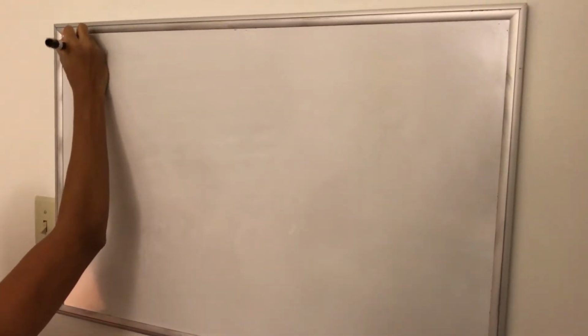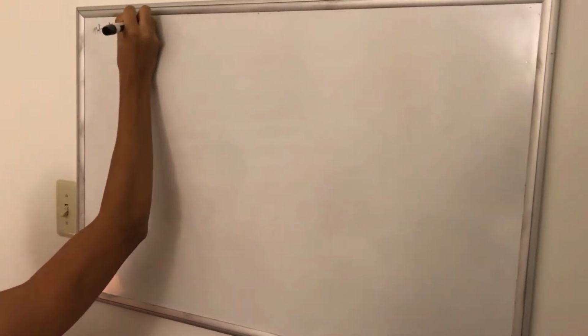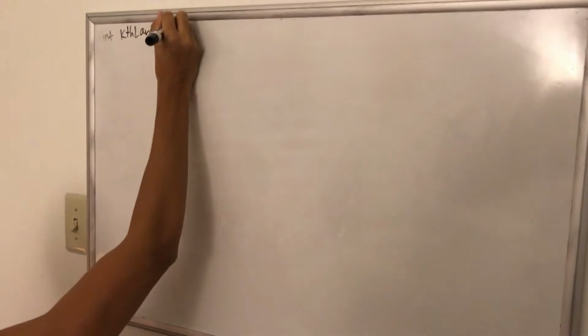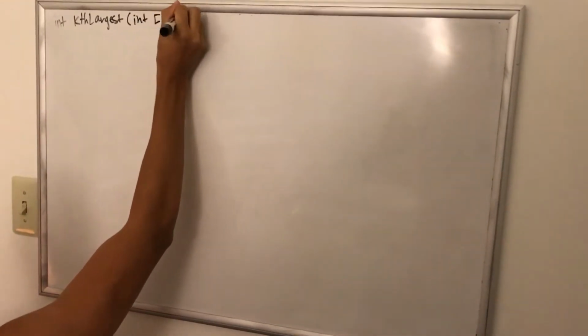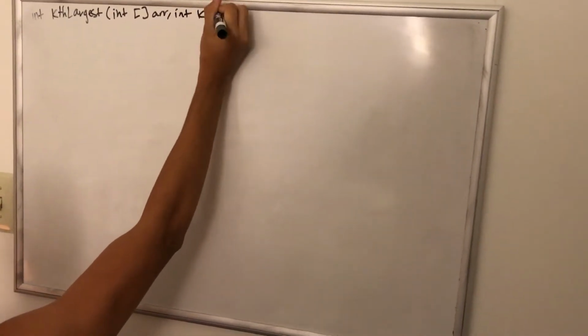So, okay, let's start coding. Let me make sure I didn't miss anything with the exceptions. This function is called kth largest element, so it returns an int, and it takes in an int array and an int k, which is the kth largest element.